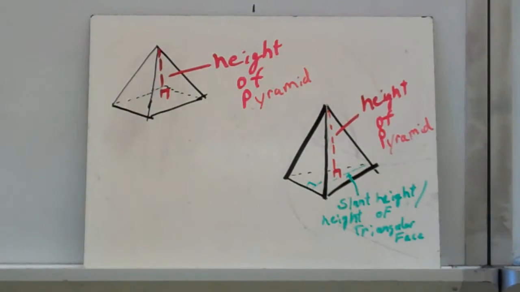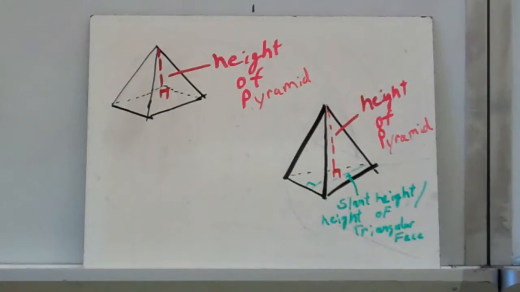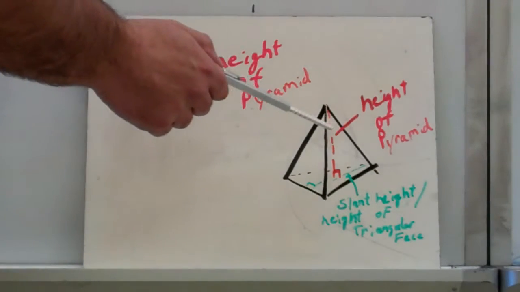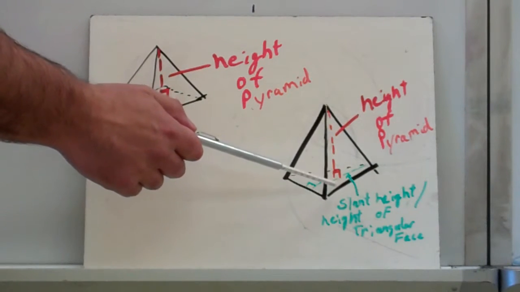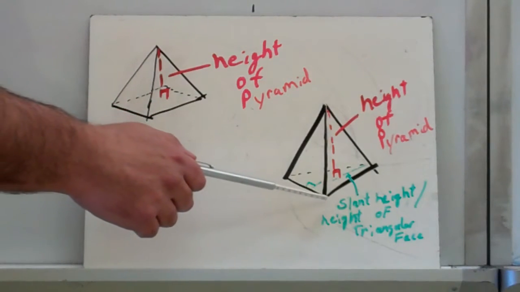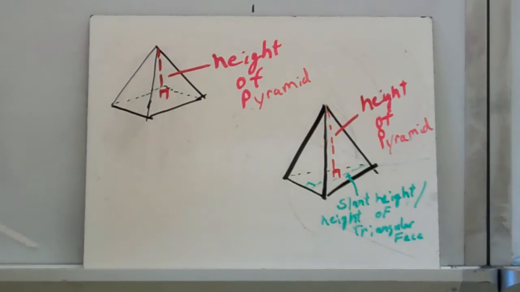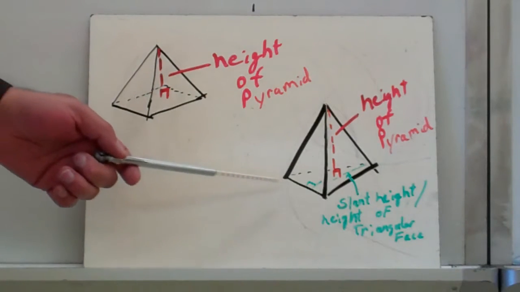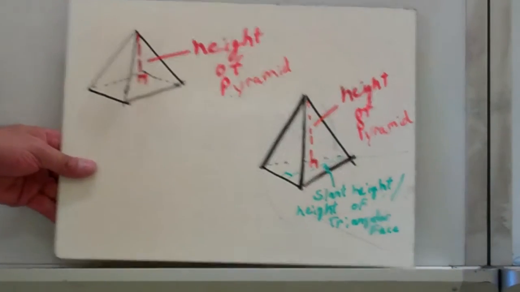And I can't say they won't ever be on the same face, but most of the time they're going to be separate, like this one here, so you could really tell. You could see the red one is just in the middle of that triangular face, while the green one comes and is perpendicular to the base of this triangular face right there. So try to be observant of which is the height of the pyramid and which is the slant height, or the height of the lateral face.